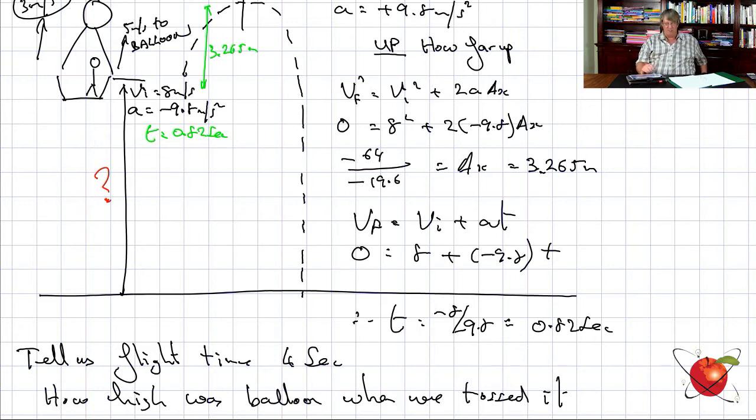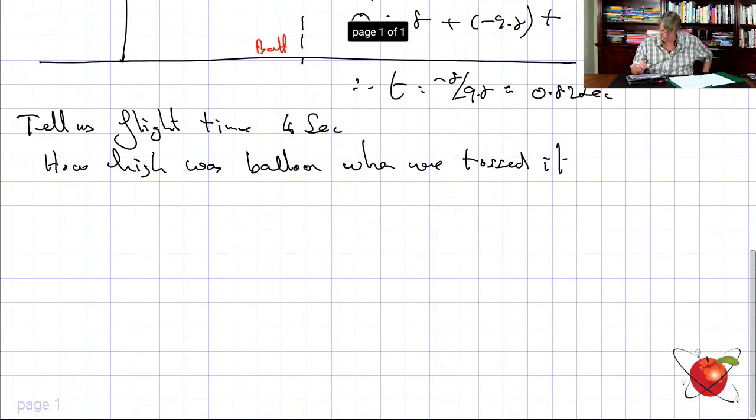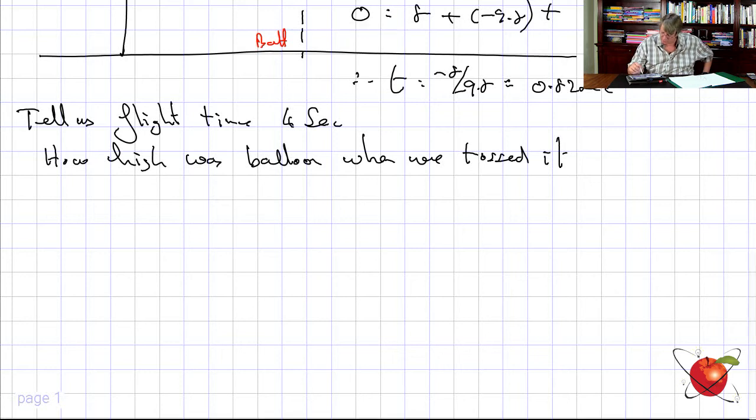But if you've drawn it and are working with it, it will be obvious that if I now work out the height from the top to the bottom, I can subtract that from that and get the height of the balloon, can't I? Can you see the value of a drawing yet, or do I have to keep going over it? All right. Well, let's see. I'm looking for how high.